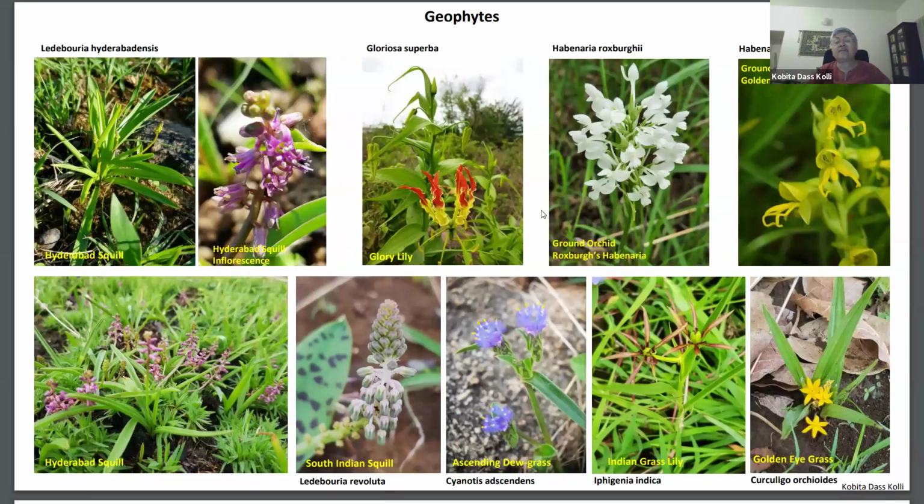Now, these are plants that in more drier regions are visible only during the monsoon time, and for the rest of the year in the dry season, they actually hibernate or tend to tide over the dry season as some sort of an underground stem, or in the form of what are called corms or bulbs or tubers, right?